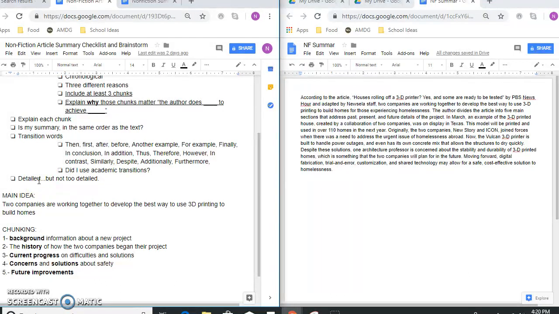Now, was my summary detailed, but not too detailed? I would say yes. If someone hadn't read this article, they now know specific things, such as the names of the companies and what they're doing and the specific problems they've encountered in the past. But it's not like I included direct quotes. Everything is in my own words, and I covered the main areas that the article talks about.